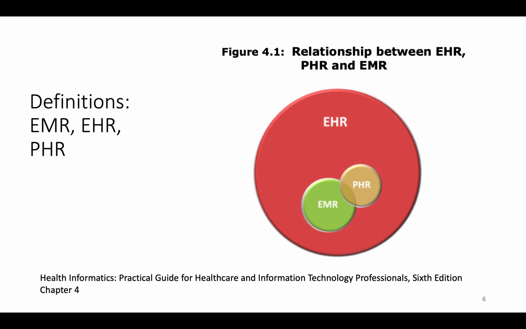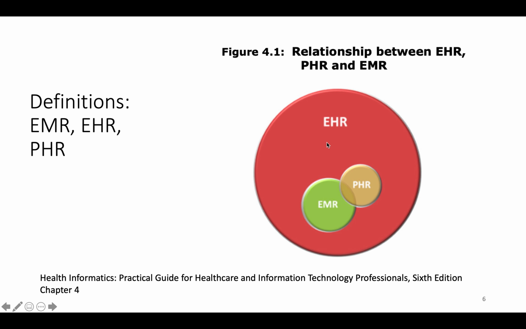This is a picture to give you some visual imagination. EHR is the health record that can be interoperable on the entire national level. So healthcare from primary healthcare, secondary hospitals, tertiary hospitals, they have different systems, but if all systems are connected, now we speak about EHR.